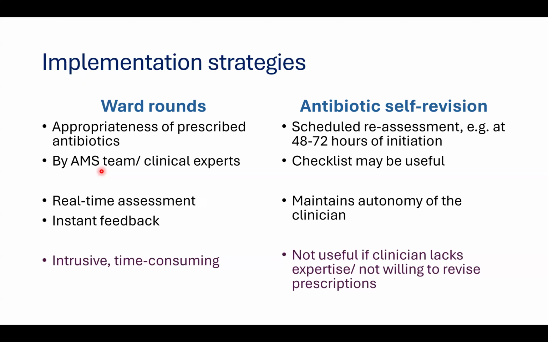Then the other thing is antibiotic self-revision that can happen. This is also an evidence-proven way in which you can improve your antibiotic practices. So how this works is that, for every baby or child who has been started on antibiotics, after a set duration, typically 48 to 72 hours, when your cultures are typically available, the team can self-reassess whether now at 48 hours, do I need to continue antibiotics?